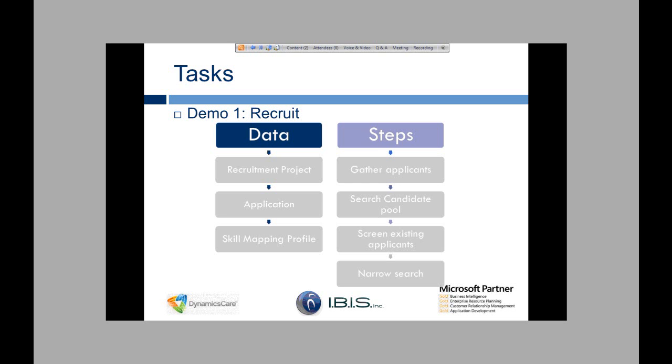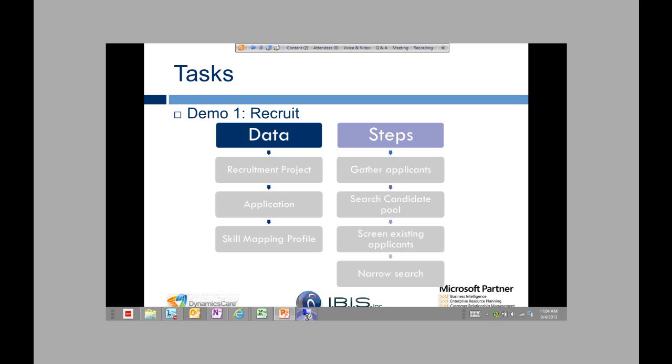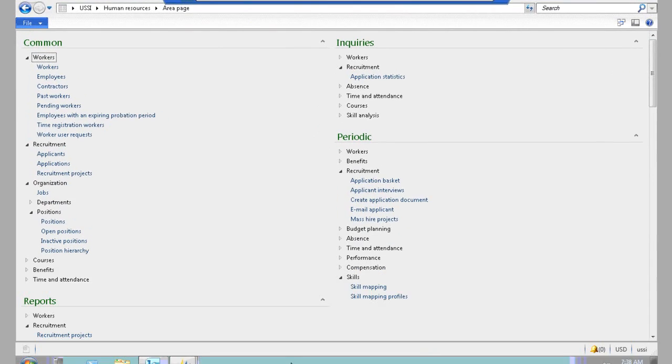And then we'll actually go over and do some skill mapping to see where the fits and gaps are between the applicants and the applications. So that's all the data that's involved, and we'll go through the steps of gathering applicants using the recruitment project, searching the candidate pool, screening existing applicants, and then we'll actually narrow down the search. So with that, let's head over to AX.